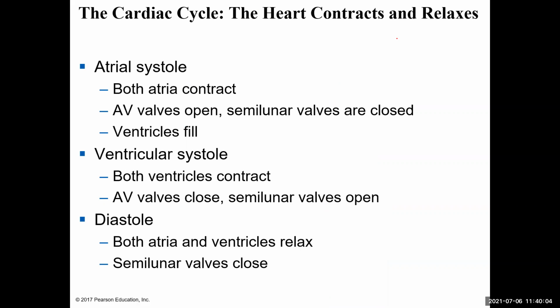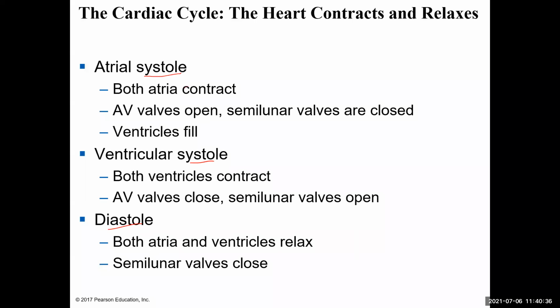And that's pumping the blood from the atria into the ventricles and then out of the ventricles into the arteries in one cycle. So one cycle of that, okay? And that contraction cycle takes about 1 second to happen. And so the systole is the contraction and the diastole is the relaxation component of that cardiac cycle, okay?